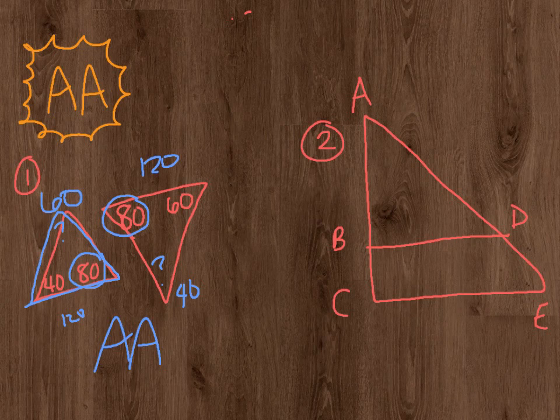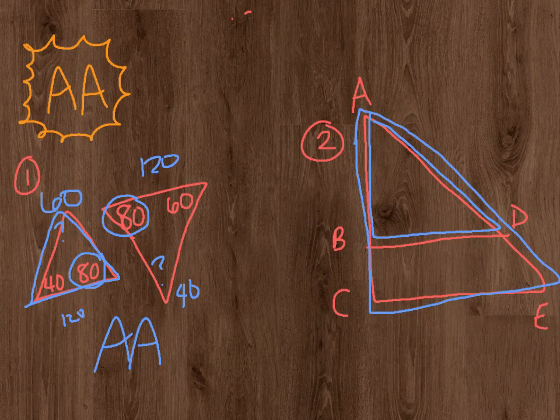Now the one on the right here, again, is disguised. So you have 2 different triangles. You have this small one, ABD, and then you have the big one of ACE. So, right here, they're disguising that they have parallel lines. So since they have parallel lines, you know that you have corresponding angles.